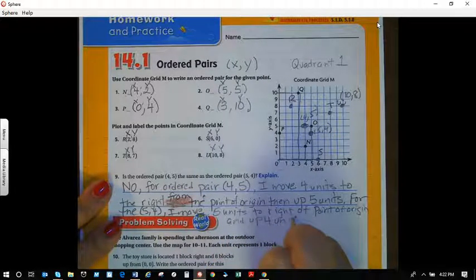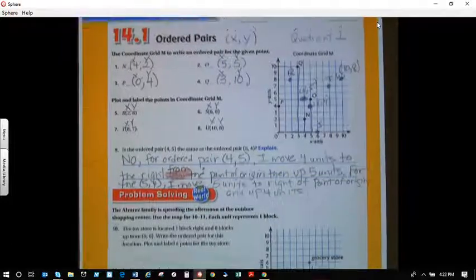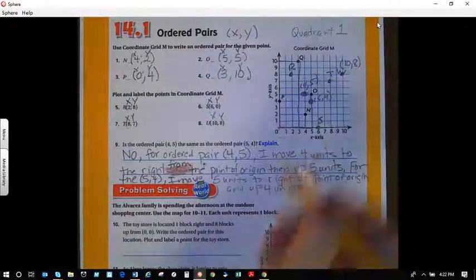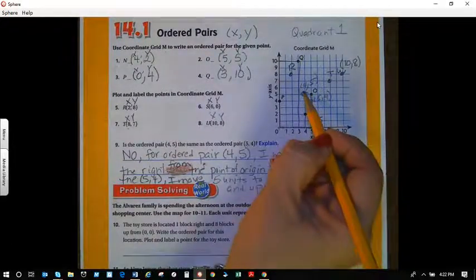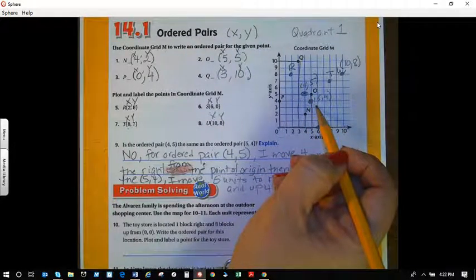So it gets me in a different spot. If they were the same, they would land in the same point. Okay, so make sure that you understand that part. And I went ahead and labeled so I can prove that, nope, that's not right. If they were correct, they would have ended up at the same spot here or here.